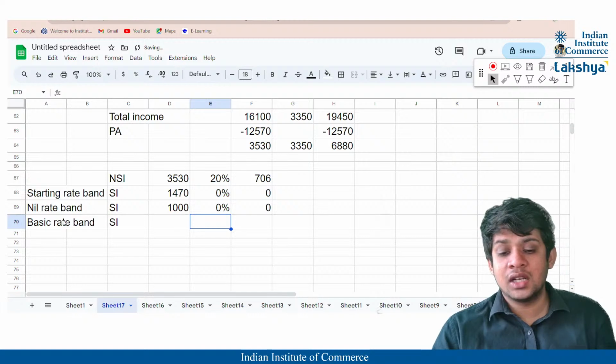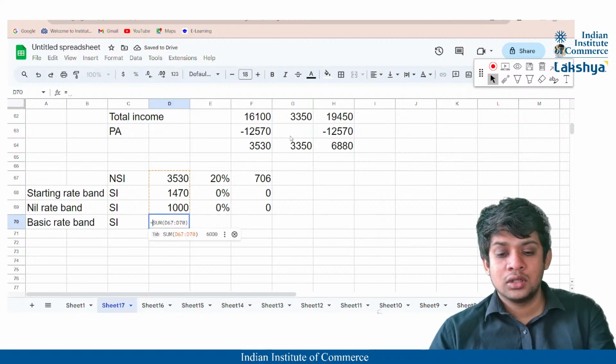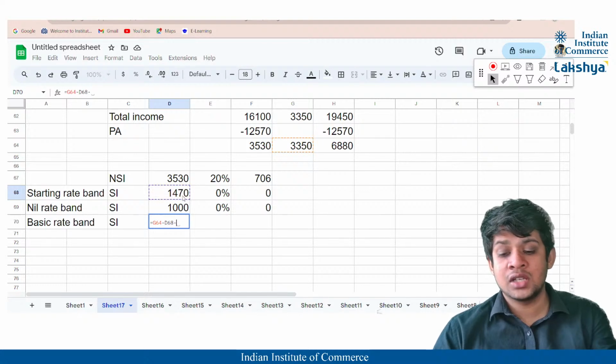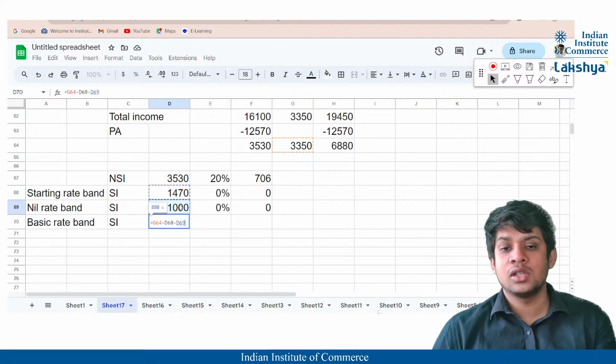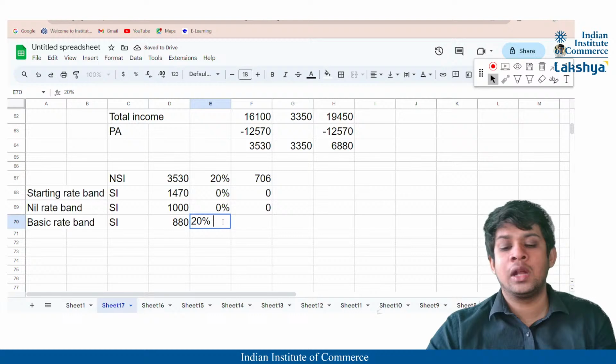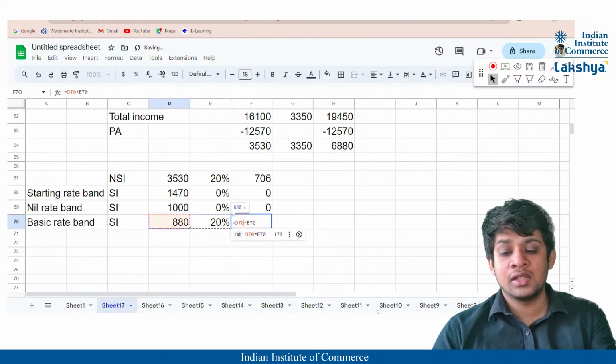My total savings income is 3350, from which on 1470 the starting rate is charged 0%, and on 1000 the nil rate band has been applied. So the remainder is 880, and on that 880 I will charge 20% tax on the savings income.